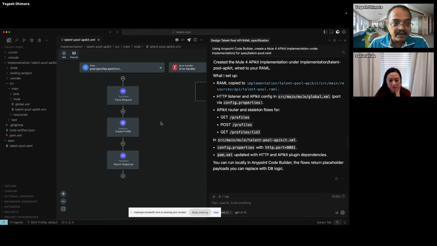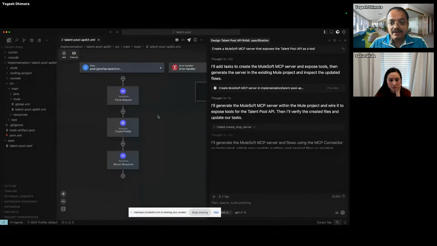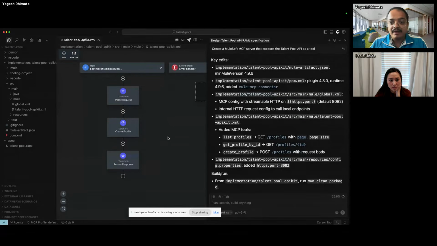But the key thing that Janice wants to do here is create this as a MuleSoft MCP server. Using the MCP connector that we have, Cursor creates an MCP server by converting this API into an MCP server and adds three MCP tools: list profiles, get profile by ID, and create profile.